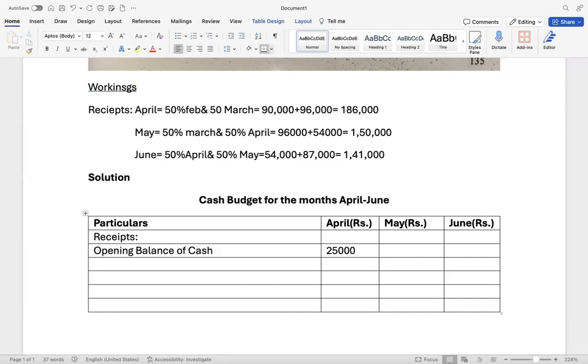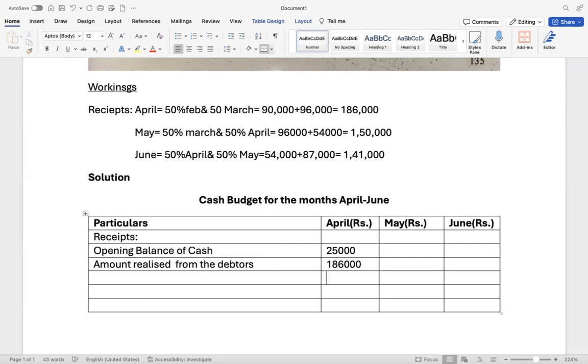Then next is the amount realized from the debtors. Amount received or realized from the debtors. Why we use the word realized means, at times you may not be able to recover fully. So whatever is recoverable is realized, we call in accounting. That is coming, we have just calculated as 1,86,000 for the month of April.